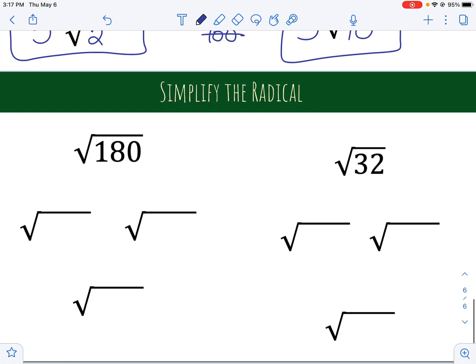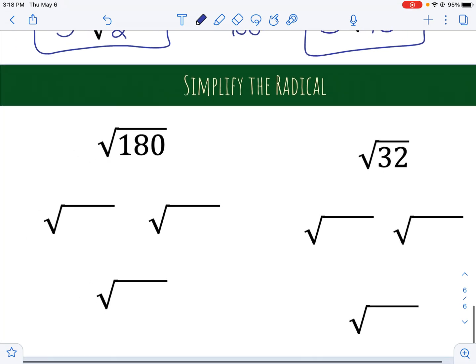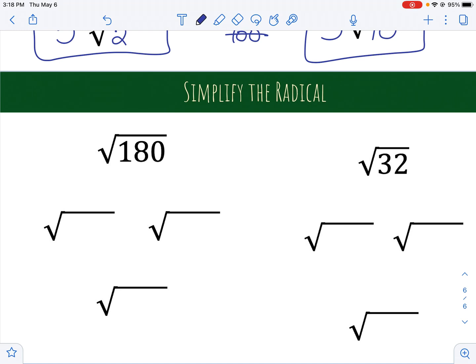Okay, looking at the next one, we have 180. Okay, so let's see, we've got to start with 13 squared or 14 squared. That's 196. That's going to be too big, so we're going to start with 169. That's 13 squared. 12 squared is 144. Then we have 121, 100, 81, 64.